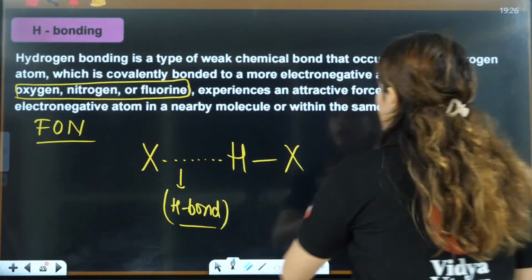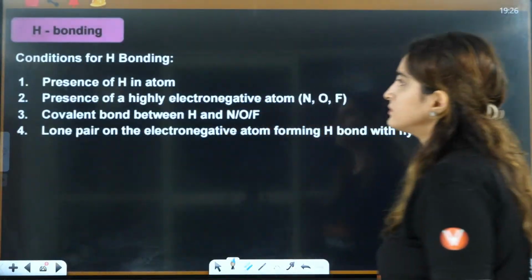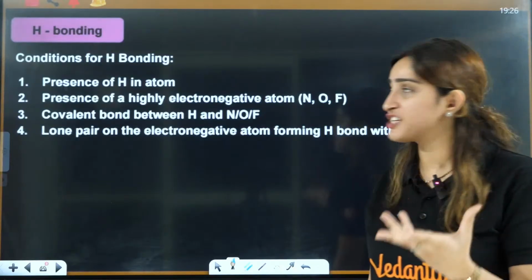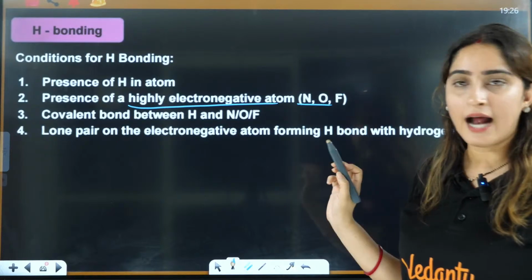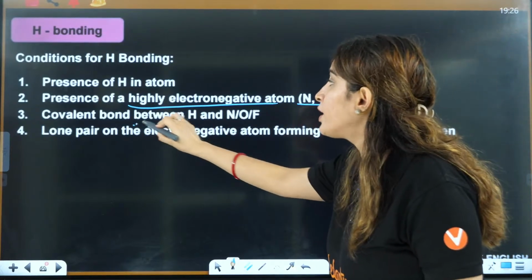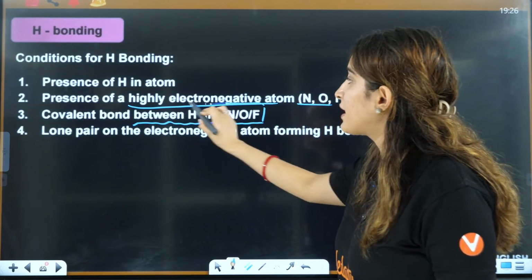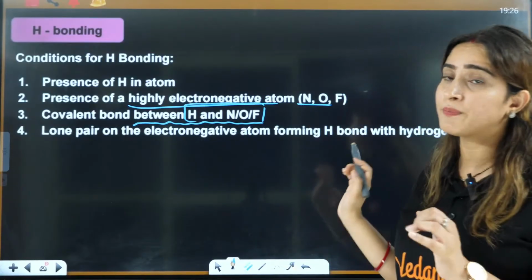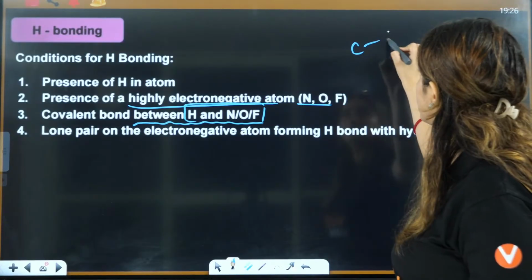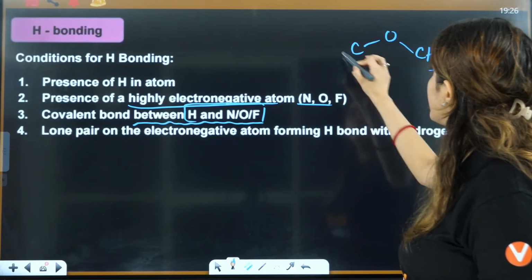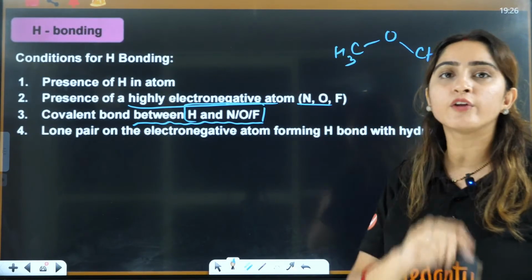Now let's see. The conditions are presence of H in an atom, presence of a highly electronegative atom, and a covalent bond between H and N, O or F. That is very important. Usually students skip that, right? That's why ether shows only van der Waals forces.